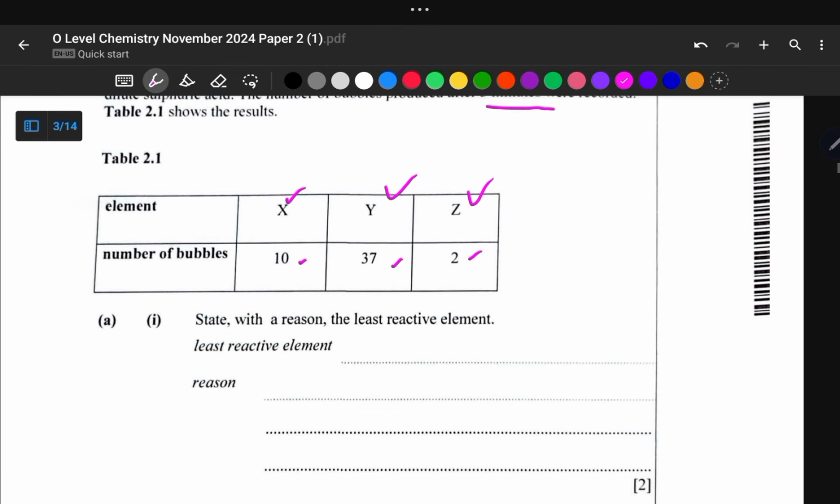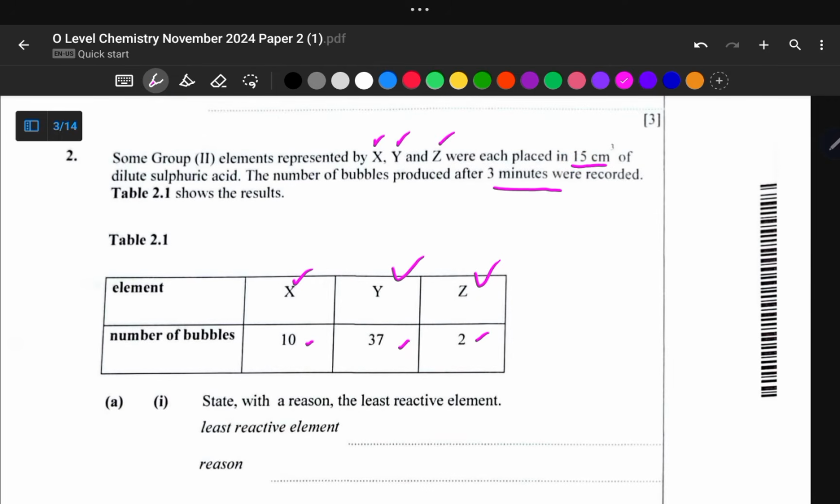And then state with the reason the least reactive element. So we are told that group 2 metals react with dilute sulfuric acid. So M plus dilute sulfuric acid, this is the general equation to form M sulfate plus hydrogen gas.